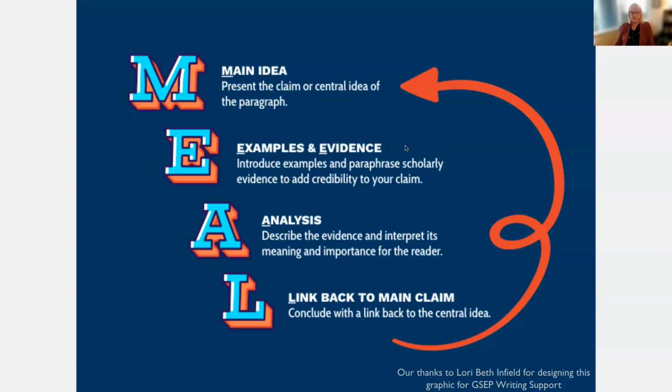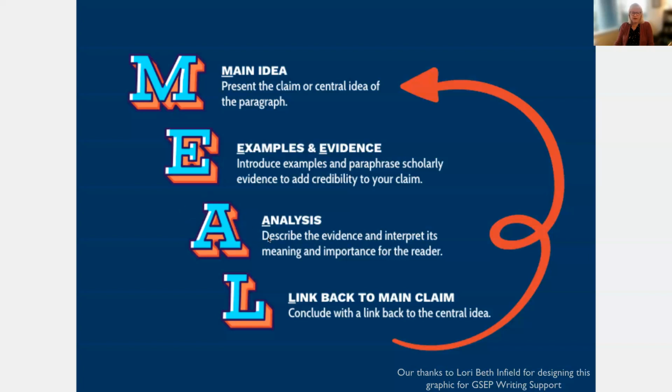But then here is where you would definitely be inserting those paraphrases, examples, and scholarly evidence, and that's where you would include a lot of citations. And then, so maybe this is sentence 1, this is maybe sentences 2 to 4 or something like that.